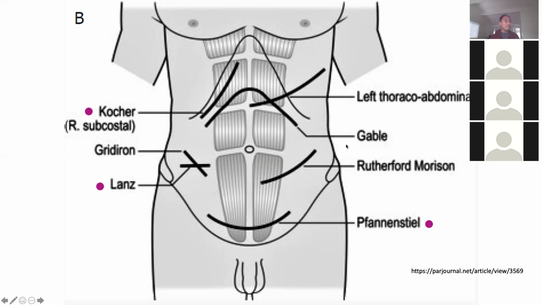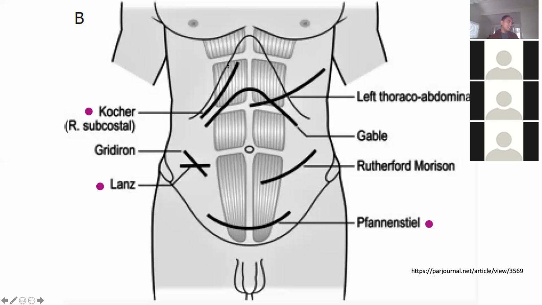And look at that Gable incision. It is a dome-shaped incision, very rarely seen. It is mainly for liver transplant. And if you look at your grandma, might not be mom's, the Kocher incision is pretty old now. We don't really want to use this incision because it is not along the Langer's lines.